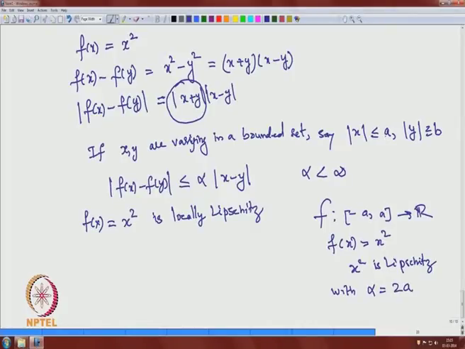So, therefore, absolute value of x plus y can take a maximum up to a plus a, that is 2a. So, therefore, the Lipschitz constant is 2a.